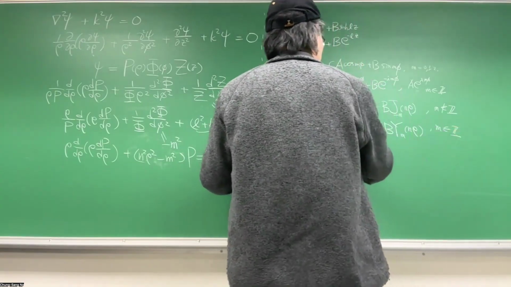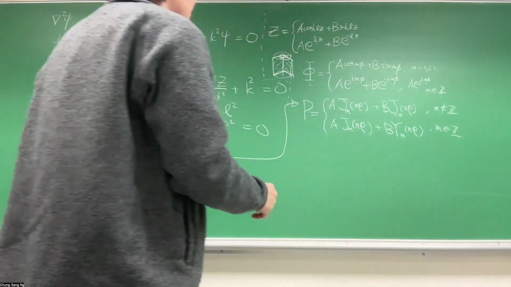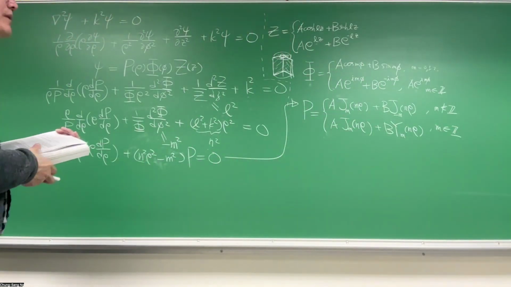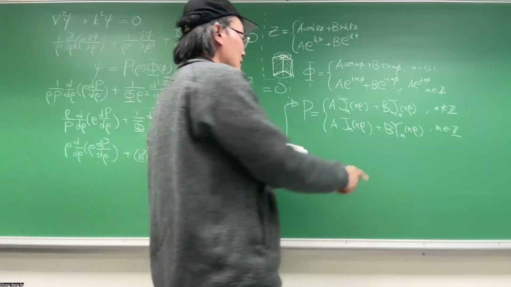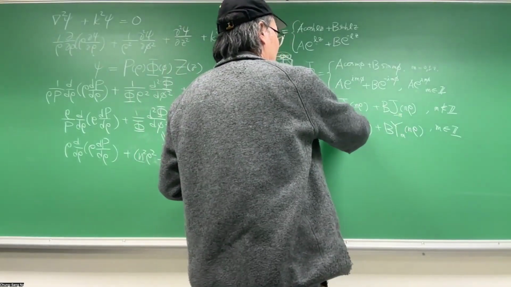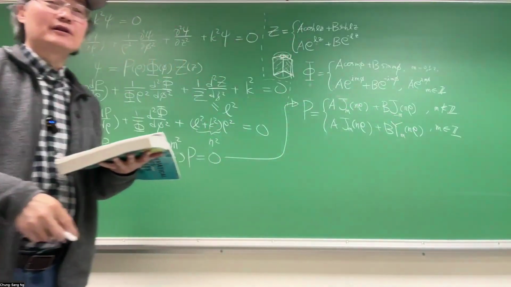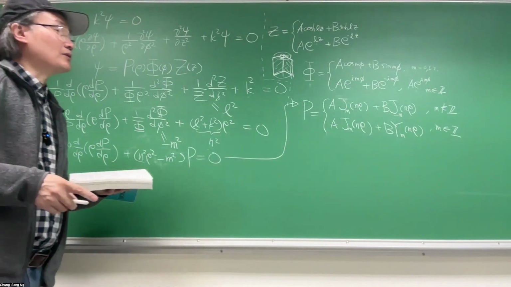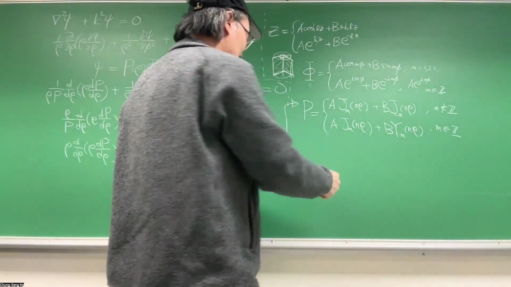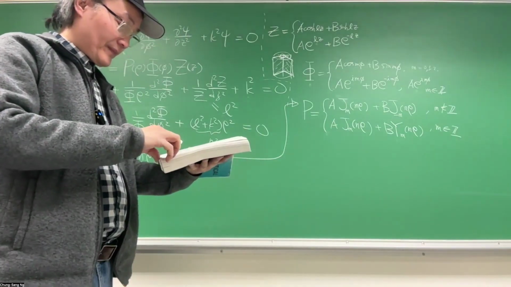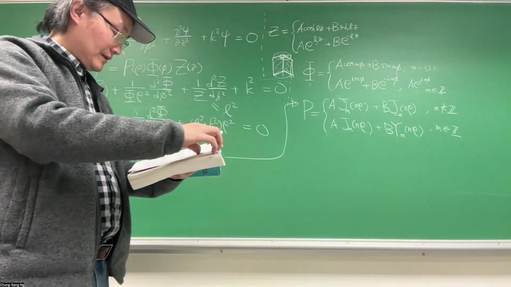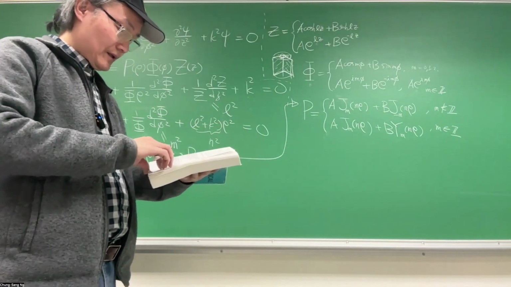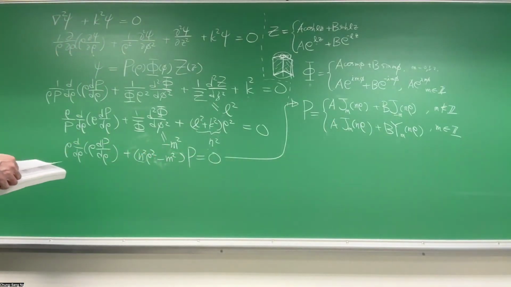Okay, so because m is an integer, J sub m and J sub minus m are linearly dependent, so we cannot use the first form. We need to use the second form, and that would be the general solution.